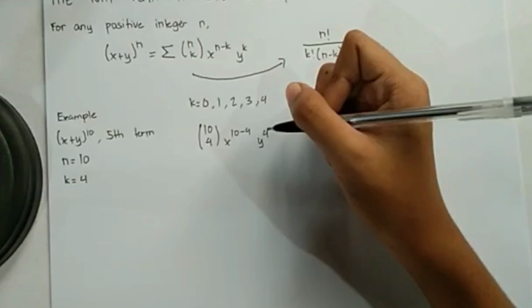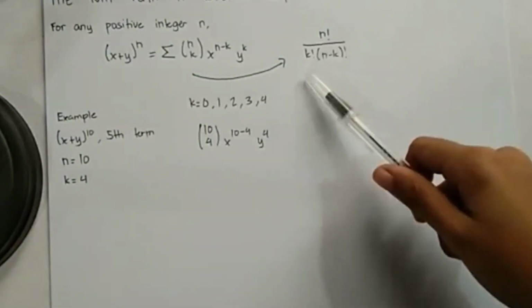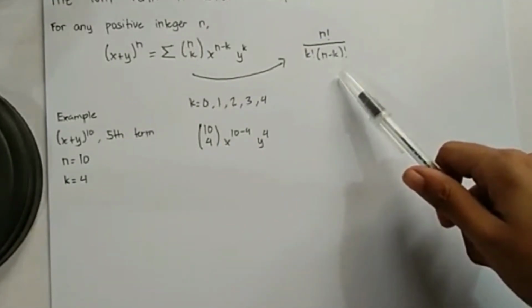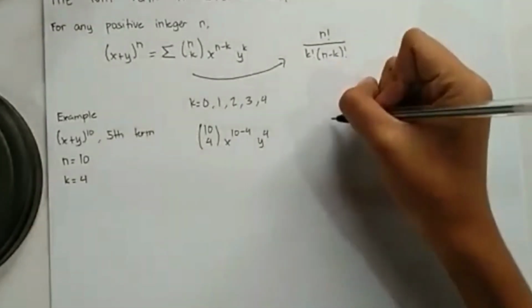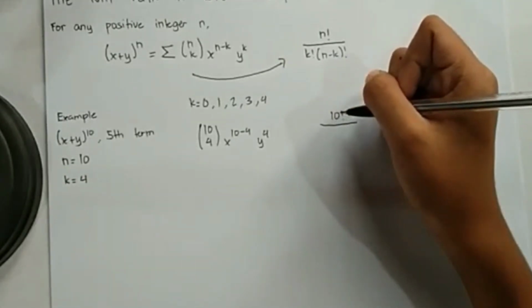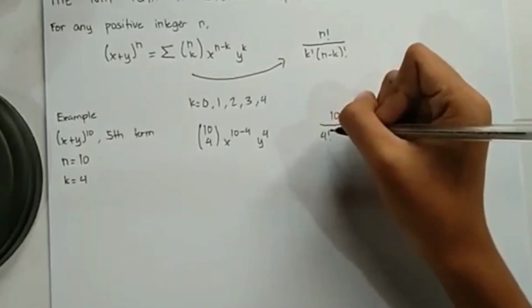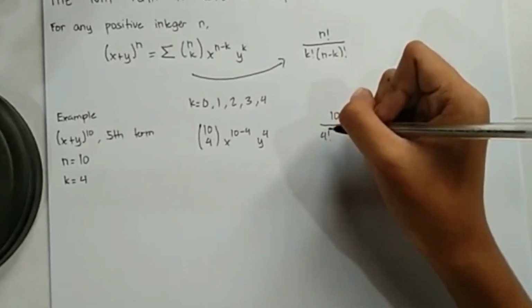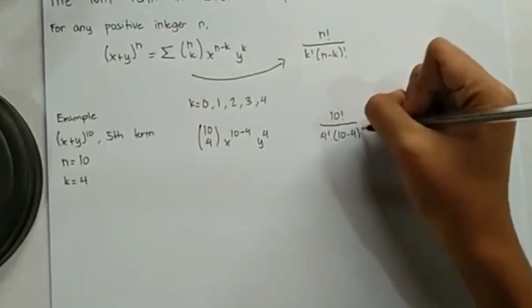By applying the formula, that is equal to n factorial divided by k factorial times the quantity of n minus k factorial. So our n factorial here is 10 factorial divided by k factorial, so our k here is 4. So 4 factorial times the quantity of n minus k factorial, which is 10 minus 4 factorial.